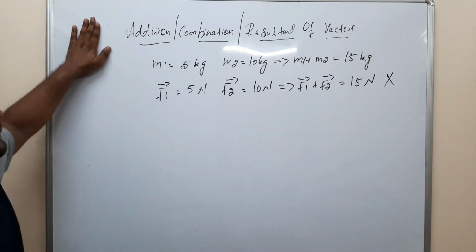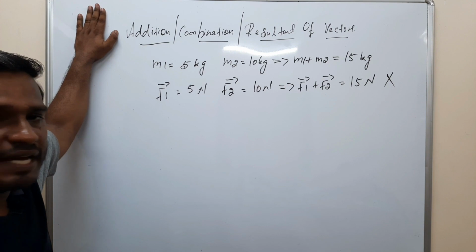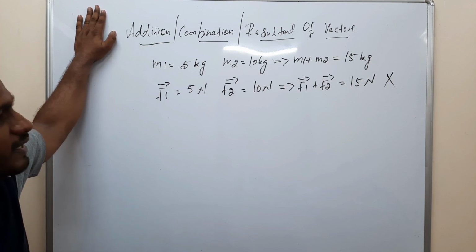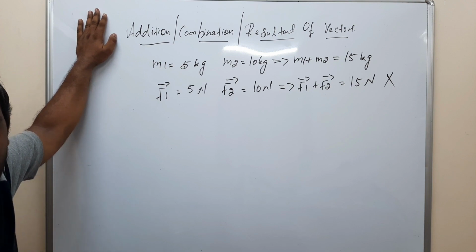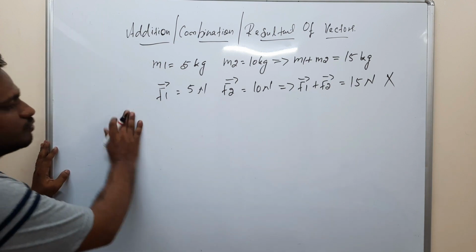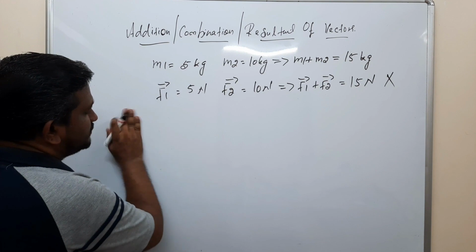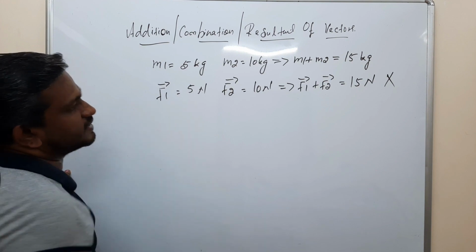Since vectors have both magnitude and direction, ordinary rules of algebra cannot be applied for vector addition, so special rules of vector addition are applied.